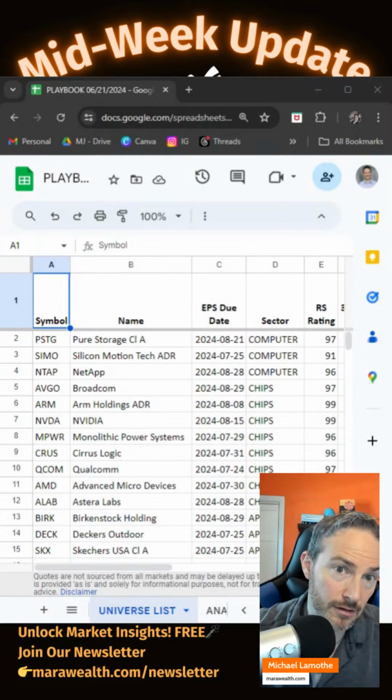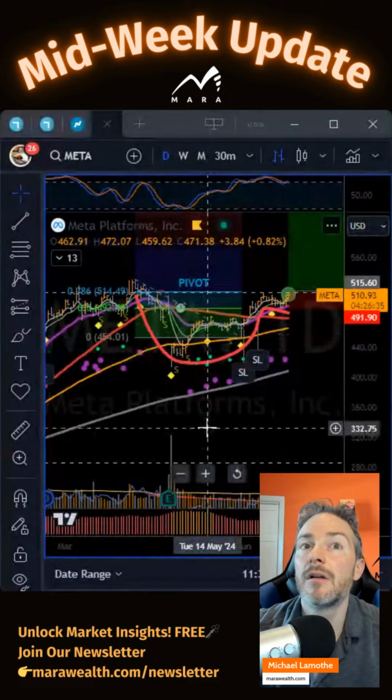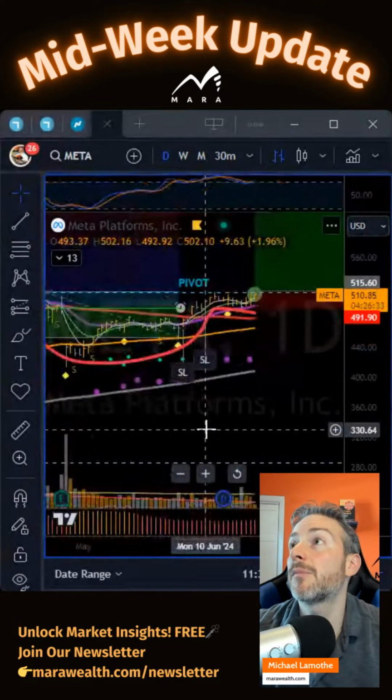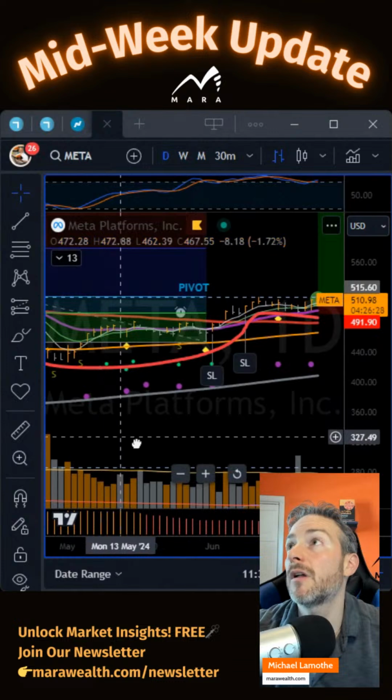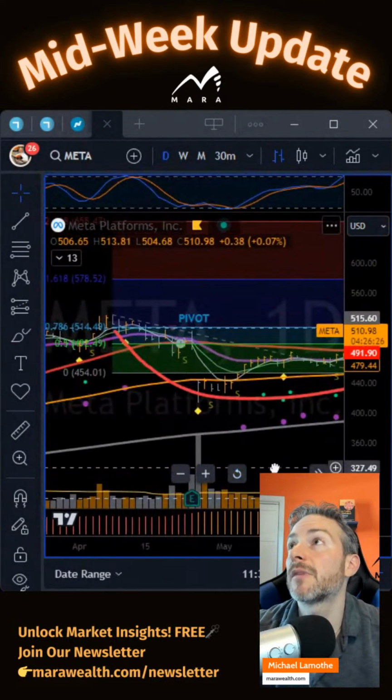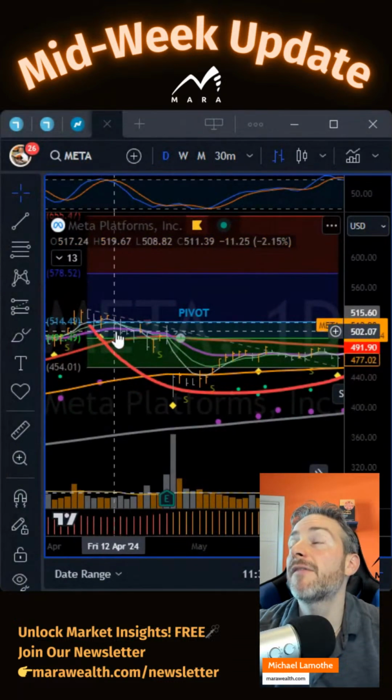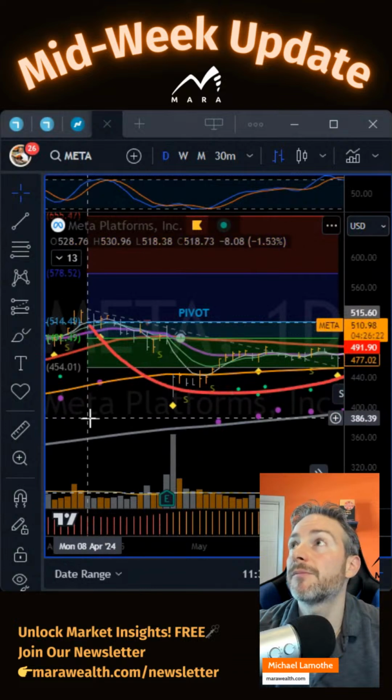Let's use Meta as the example here. Right, so this is a cup with handle. So let's interpret this. You have the left side of the base over here.